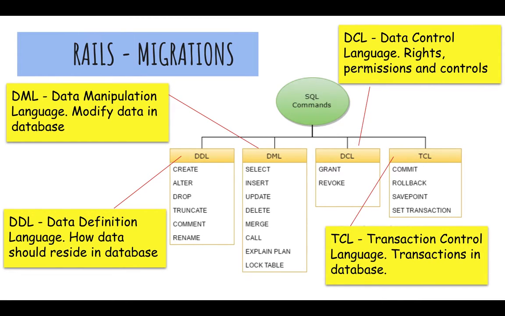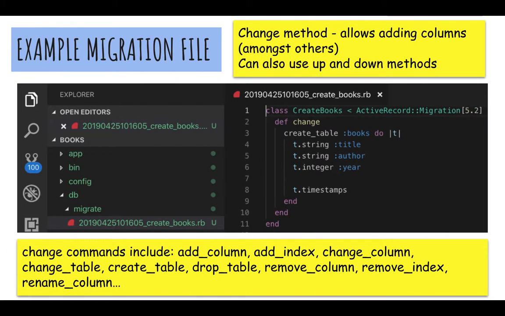Most of our migrations are concerned particularly with DDL, our data definition language, and how the data should reside. So we can alter our tables using Rails migrations. An example migration file would look like this.